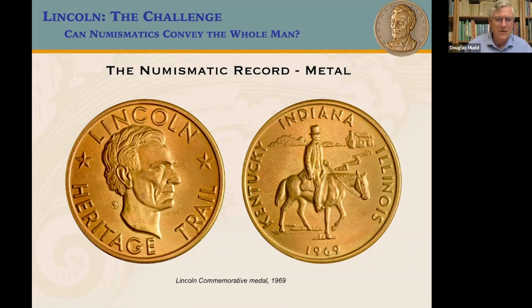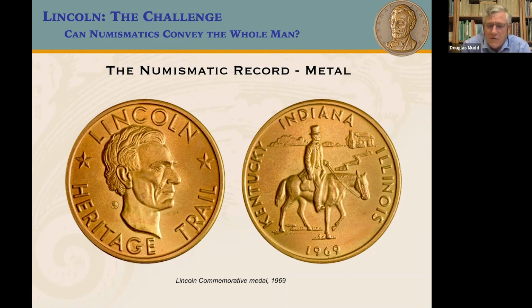So it's interesting that they chose this image, because not only does it not really look like Abraham Lincoln much, it's also not a very flattering portrait. It looks like a discontented, perhaps angry, resentful person rather than the Lincoln that we know.